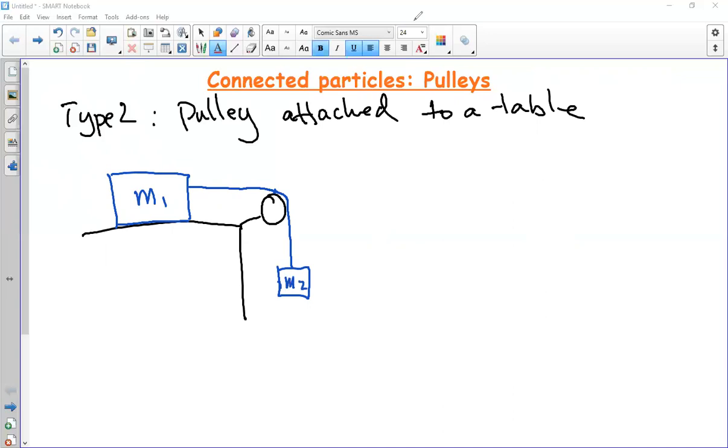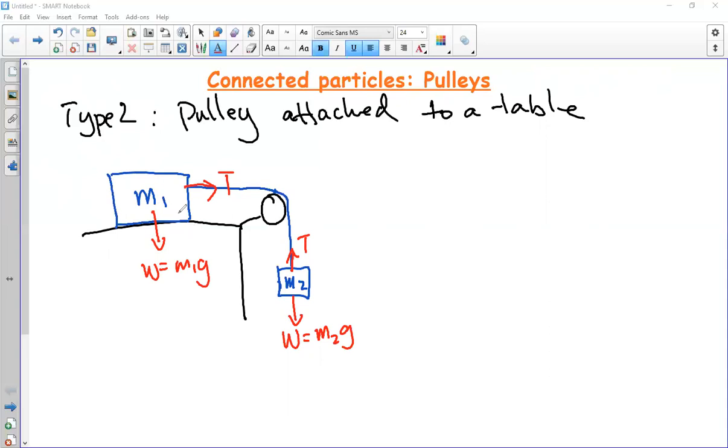Let's label all the forces acting on it. So we have weight, which is m2g, and we have tension, which is T. And over here, we have tension T. Now, yes, we have the weight, m1g, but what else is acting on this box, which doesn't exist in our previous example?